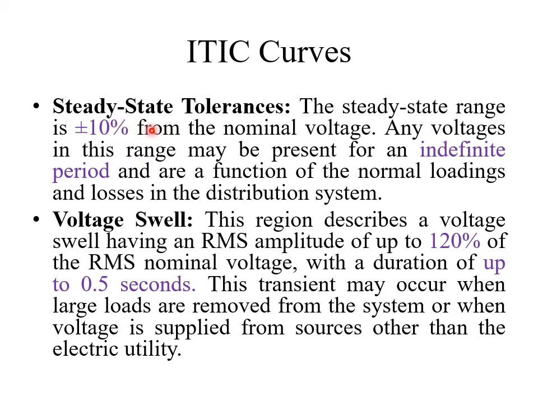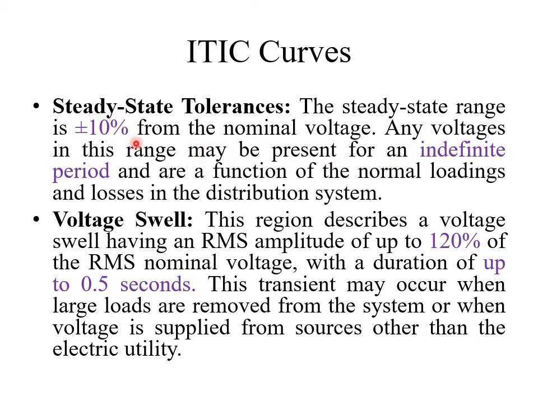So this is the steady state tolerance. All the equipment or appliances can operate within this range, that is 207 to 253 volts, for an indefinite period. No matter, you can operate the device for a longer time, maybe 1 hour or 2 hours, with that voltage.